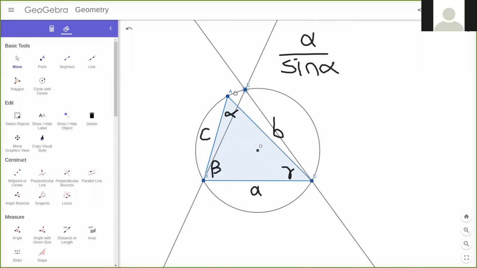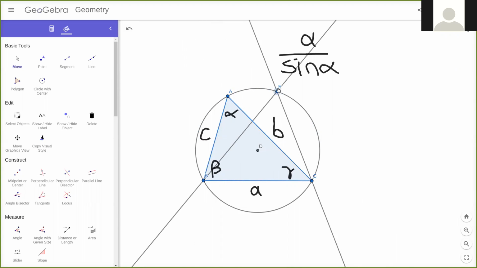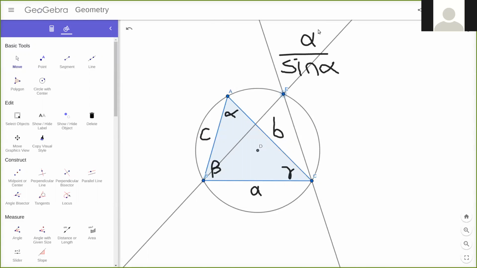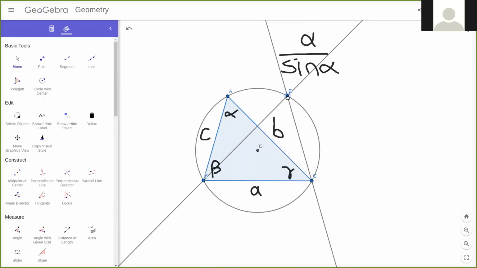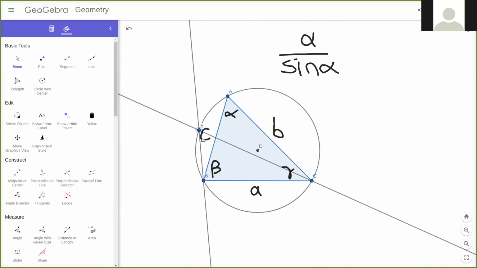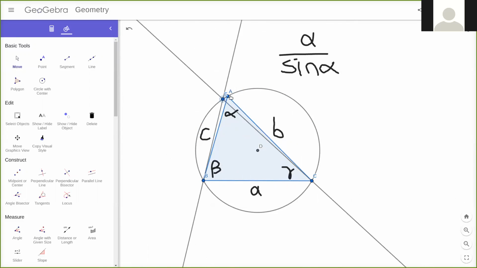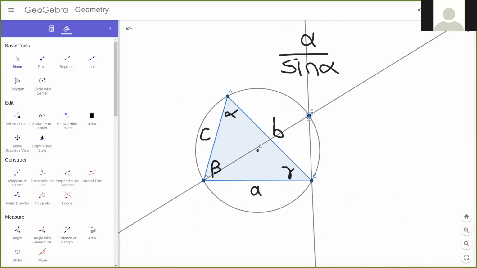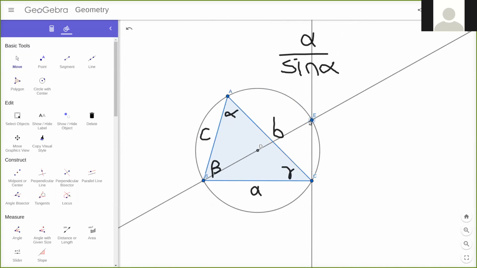How do we create a right triangle that also contains this side length A? Well, do we see any right angles here? Not really, until we go here. Here we find a right angle, right? Anyone notice what the right angle is?